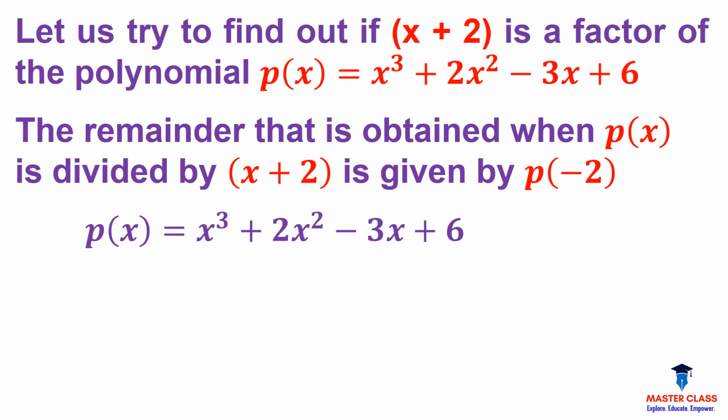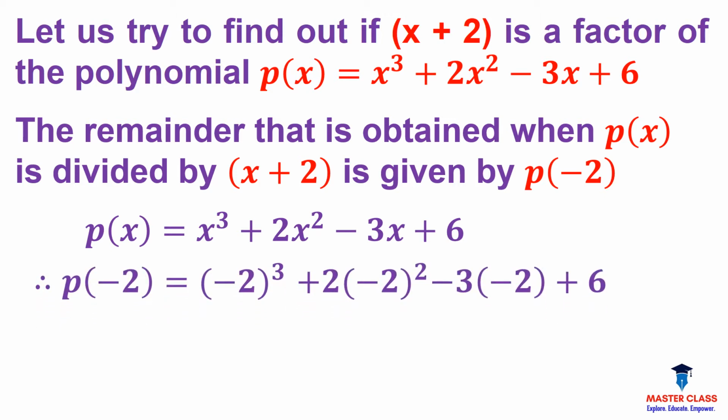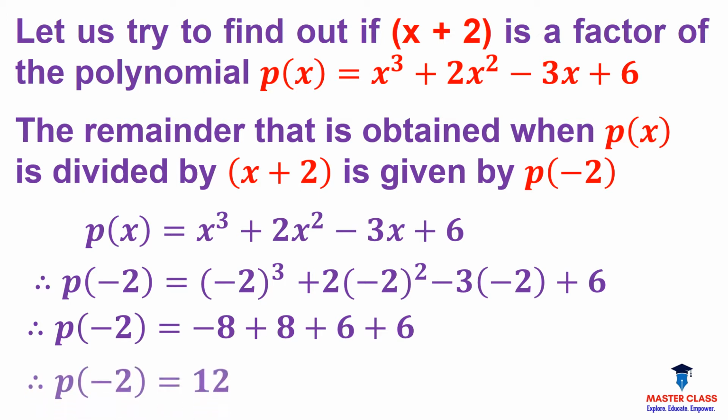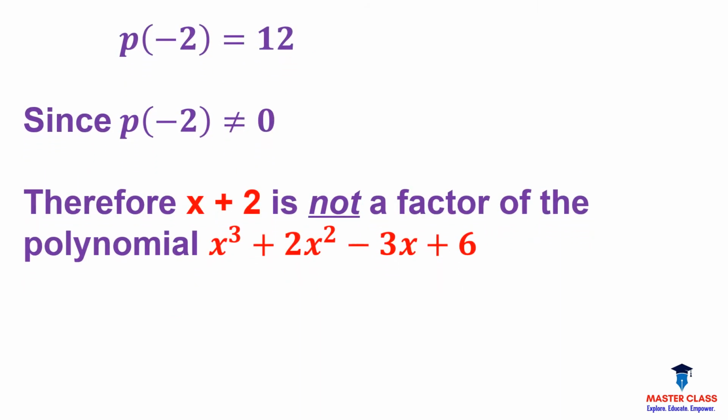Therefore, p of minus 2 is equal to minus 2 cube plus 2 into minus 2 square minus 3 into minus 2 plus 6. p of minus 2 is therefore equal to minus 8 plus 8 plus 6 plus 6. p of minus 2 is equal to 12. Since p of minus 2 is not equal to 0, x plus 2 is not a factor of the polynomial x cube plus 2x square minus 3x plus 6.